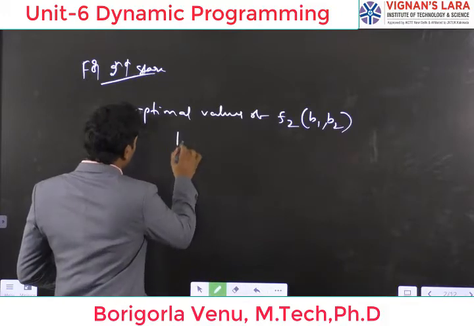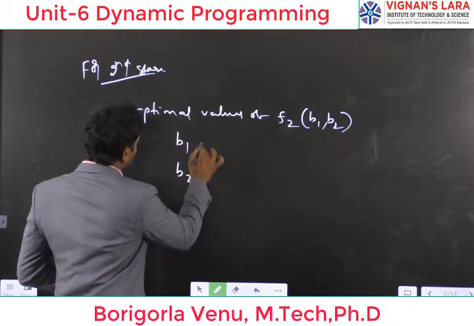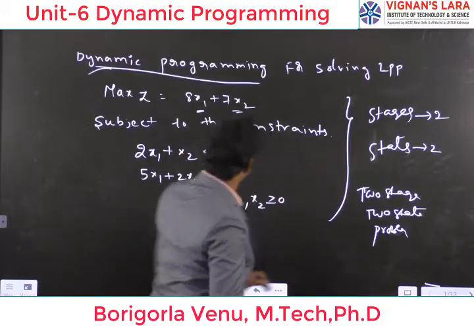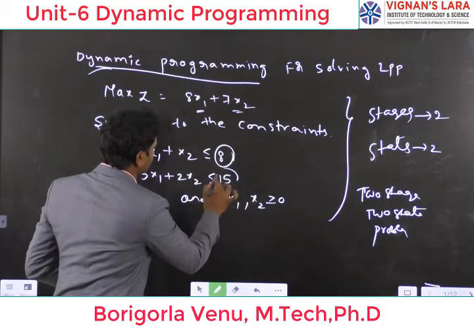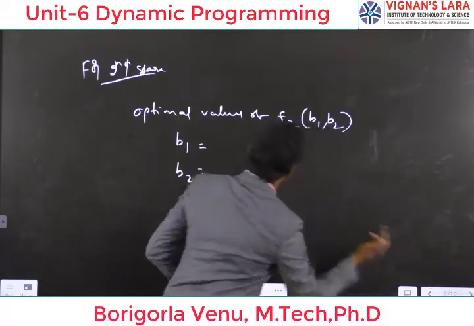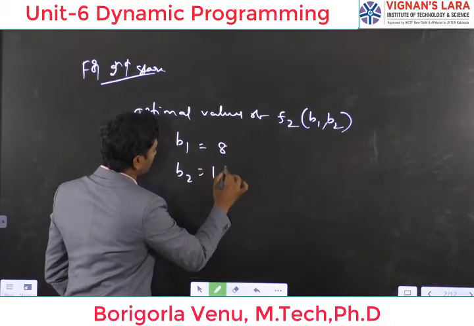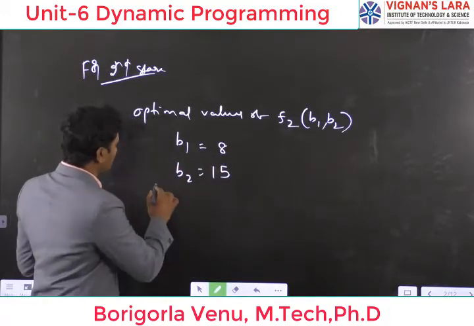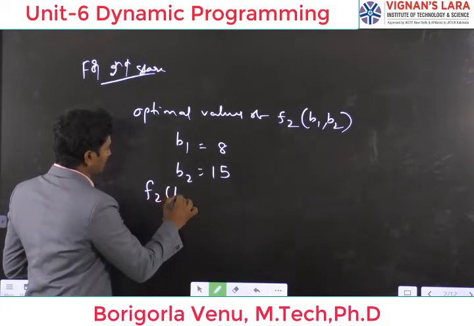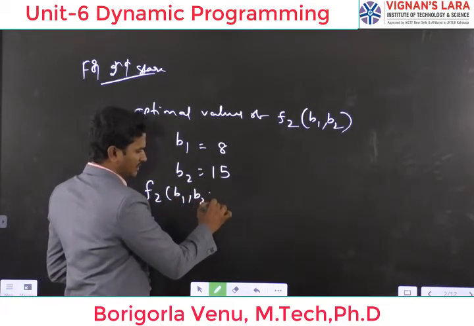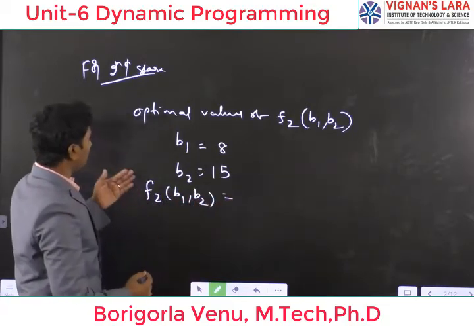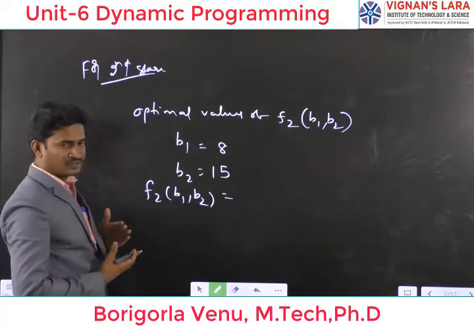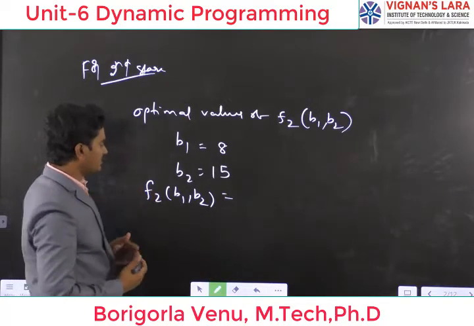Here b1 and b2 are the constraint values, b1 is 8 and b2 is 15. From this we are going to calculate the optimal value, that is F2 of b1 comma b2, by converting the given objective function into multiple stages.